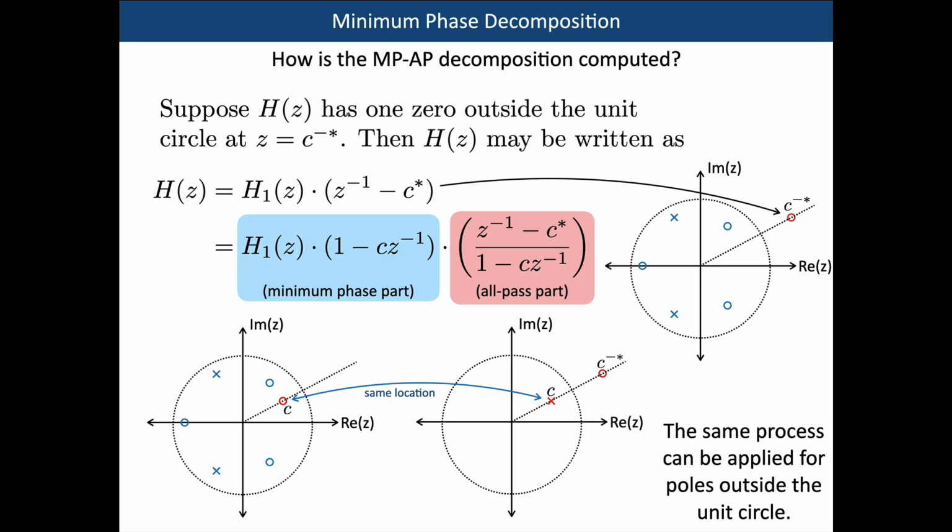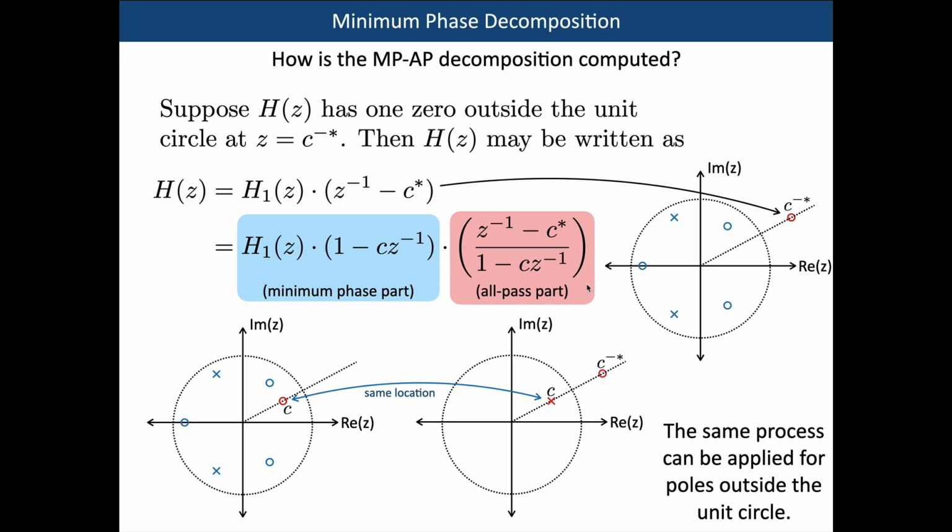Let's take a closer look at this with some pictures now that we've talked through that. Okay, so let's suppose that this pole-zero plot over on the right-hand side shows us where the poles and zeros of the original transfer function lie in the complex plane. And as we've discussed, we have one zero that lies outside the unit circle. Because of that, this system is not minimum phase.